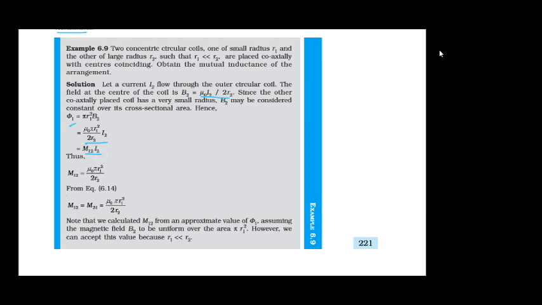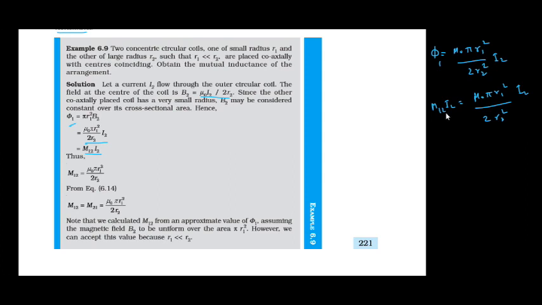Actually we got Φ1 is equal to mu naught pi R1 square upon 2 R2 times I2. Again, instead of Φ1 we can also write M12 I2, which is equal to the same value, mu naught pi R1 square I2 upon 2 R2.